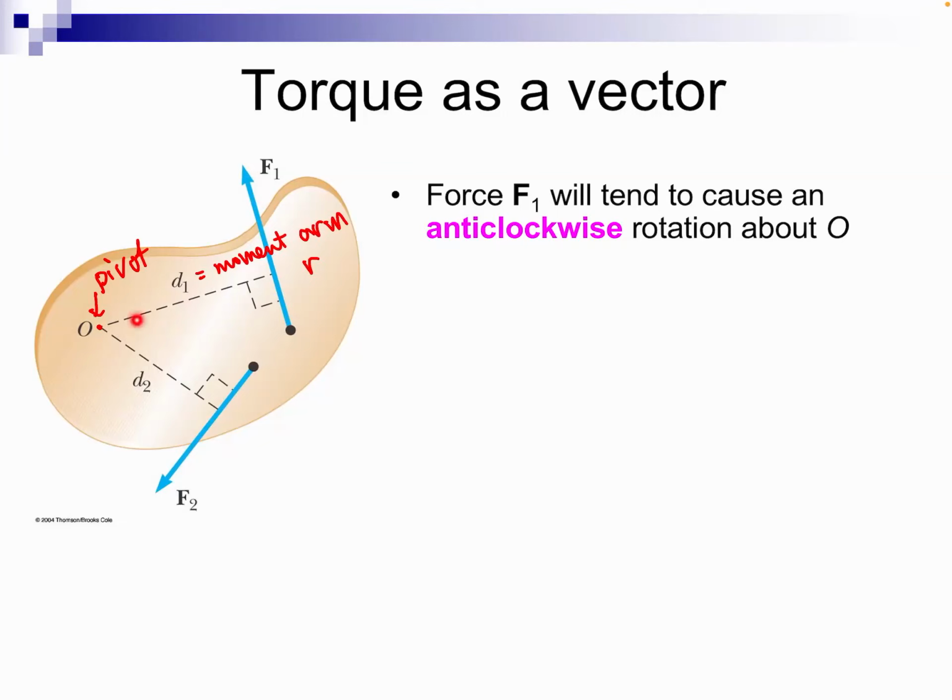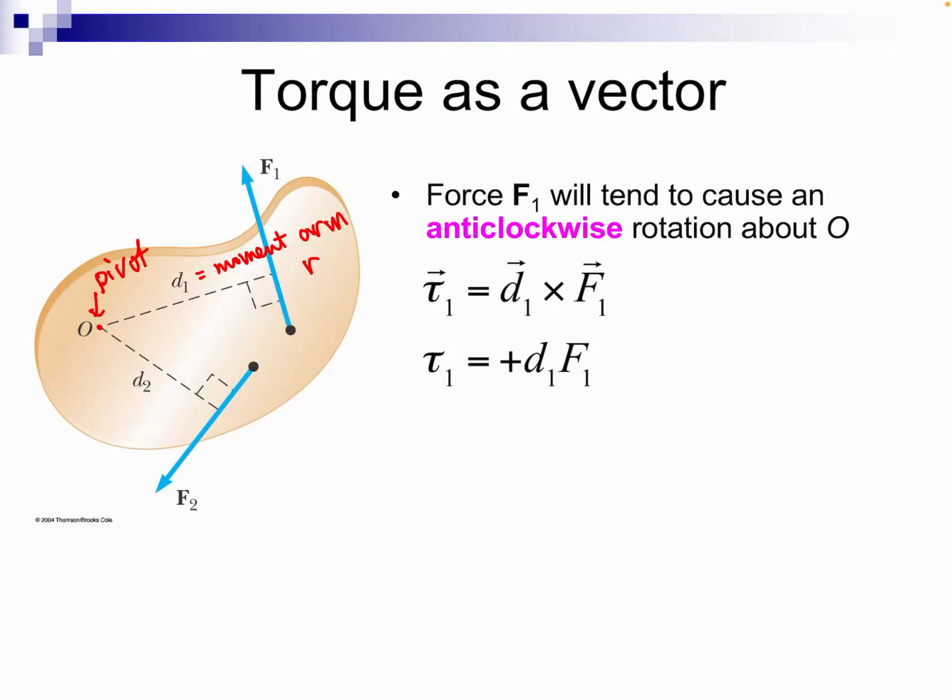It's the distance from the pivot to the force, and this moment arm should be perpendicular to the force. So if we use the definition for torque being the cross product between the moment arm and the force, we reduce to the special case where the torque is just equal to the moment arm d times the force, because we are able to get this perpendicular moment arm relative to the force.